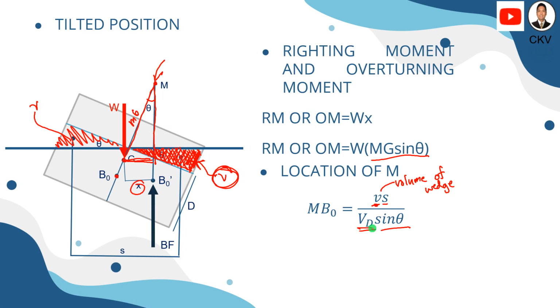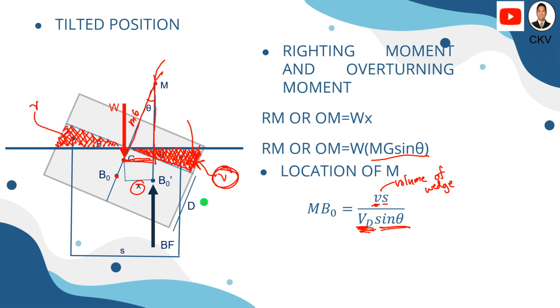Vd is the volume displaced, or the volume submerged. It is the same as the volume displaced at the initial position, because the additional volume of the wedge submerged is the same as the volume that is reduced when it tilts, so they cancel out each other. So the volume displaced at the original position is the same as in the tilted position.